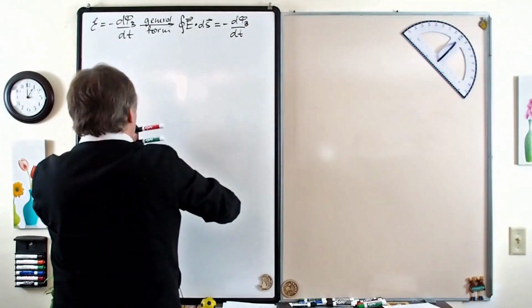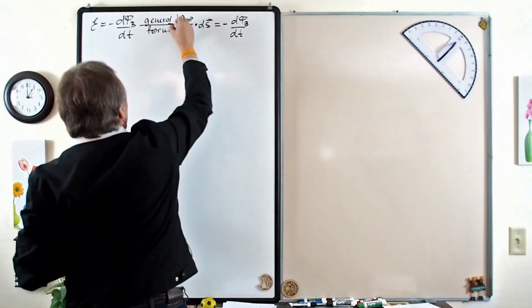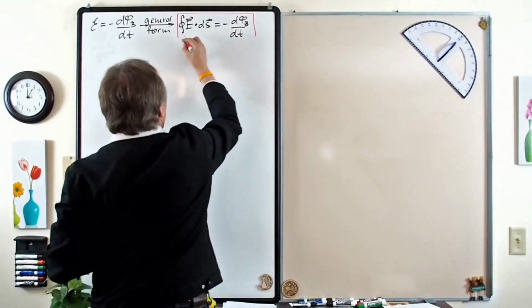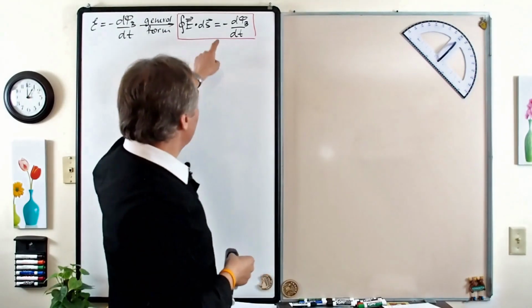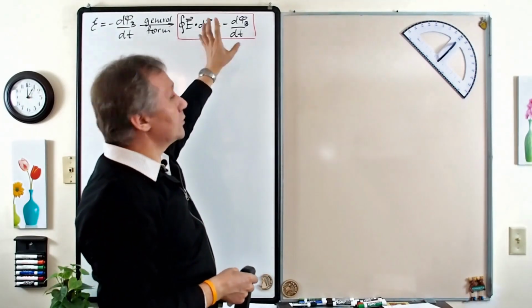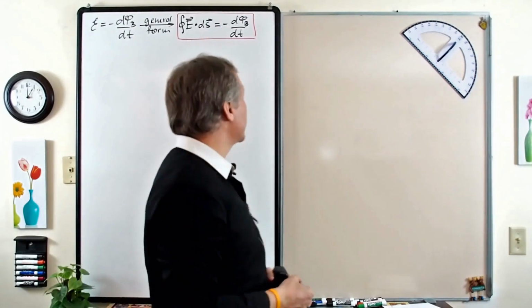So that is the most general form of Faraday's law. If you open any book to see Maxwell's equations, you will see this form of Faraday's law in the set of Maxwell's equations.